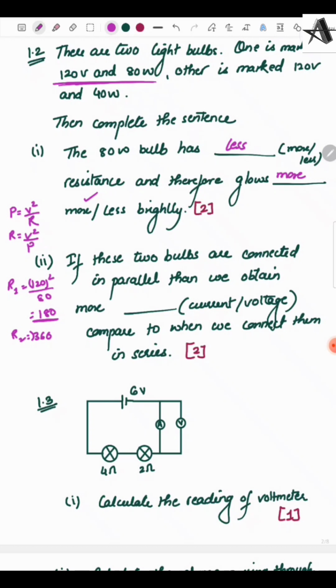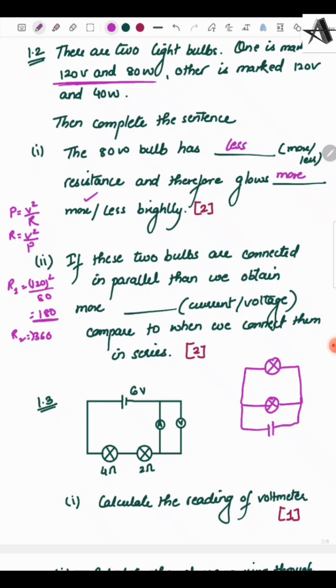If these two bulbs are connected in parallel, then do we obtain more current or voltage compared to when they are connected in series? Now let me see. We have just calculated the resistance. So this is lamp 1 and this is lamp 2. Say for example, we have connected them in a parallel circuit.